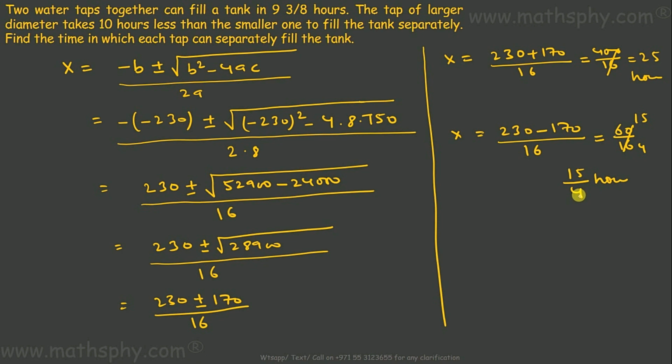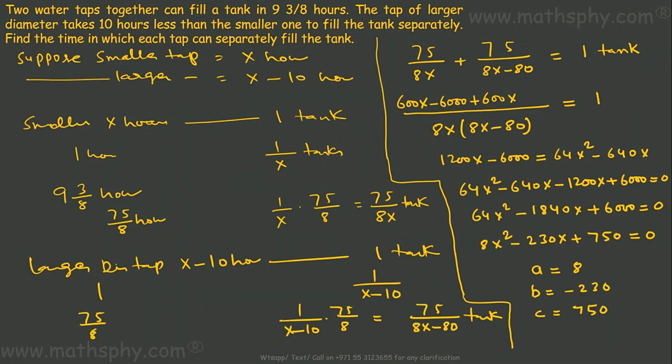Now we have two types of taps. First one is the smaller diameter, which I have taken as x, and the second is larger diameter, which takes 10 hours less than smaller tap. So in any case, x cannot be less than 10. It has to be more than 10. Otherwise, larger diameter will get into negative.